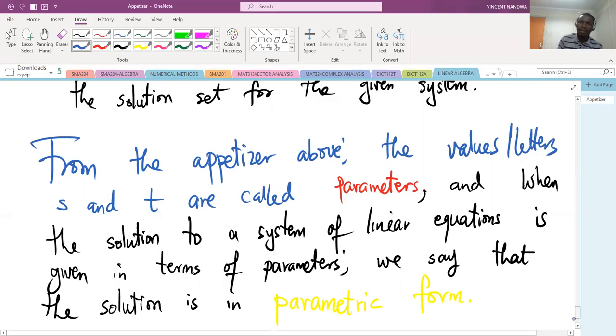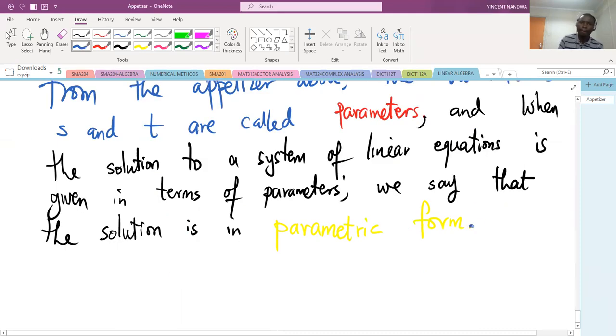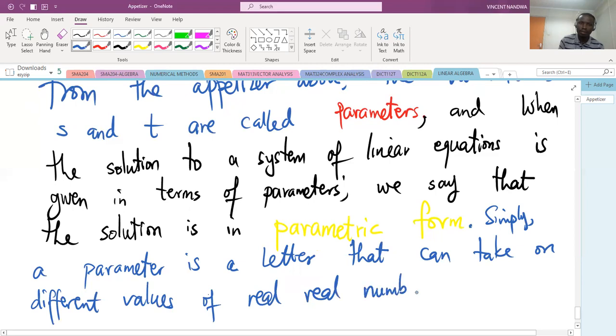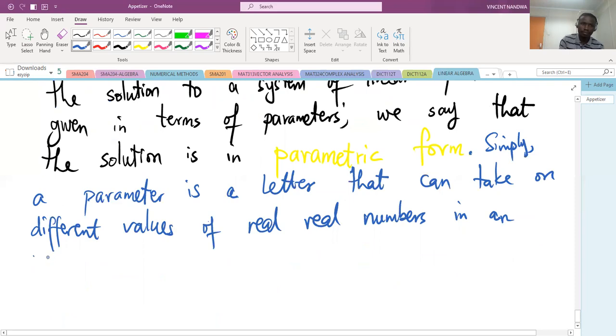And so simply, a parameter is a letter that can take on different values of real numbers in an expression, say an equation.